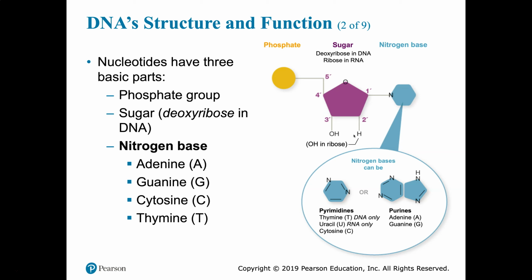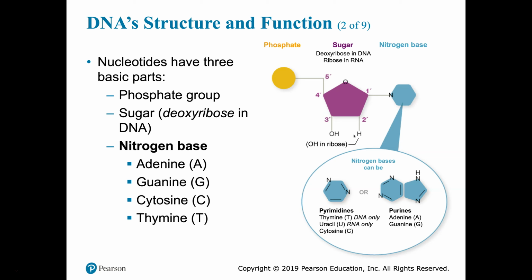And nitrogenous bases, one of them is replaced in RNA. So the 4 nitrogenous bases in DNA are adenine, guanine, cytosine and thymine. AGCT.